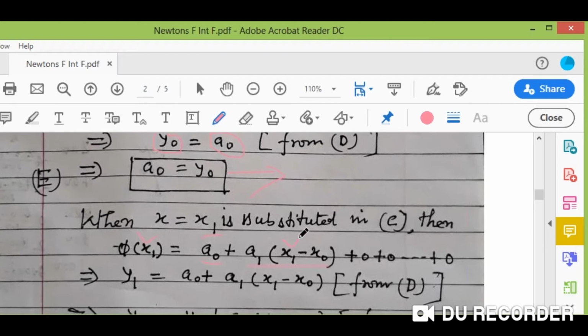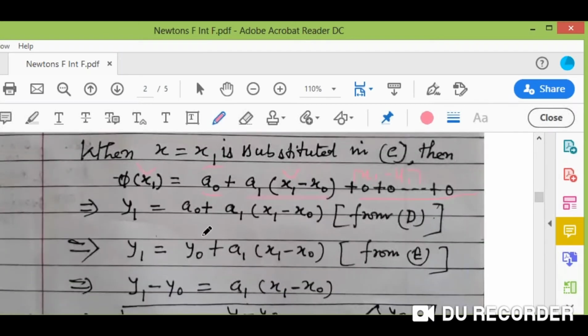Here will come x1 minus x1, x1 minus x1, so this will again be 0. So similarly all terms will be 0. What is remaining is a naught here, a1 here, and this difference here.